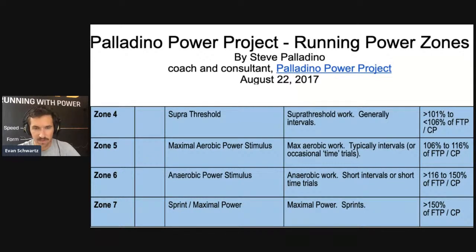And above that, you have zone 7, your sprint or maximal power work. We are absolutely fans of incorporating strides or harder sprints or hills into the Stryd training plans and the Stryd ecosystem. So it's important to reference maximal power and sprinting, and this is above 150% of your critical power.